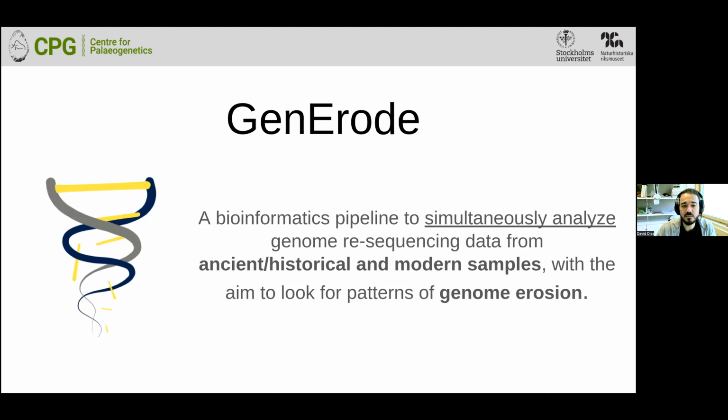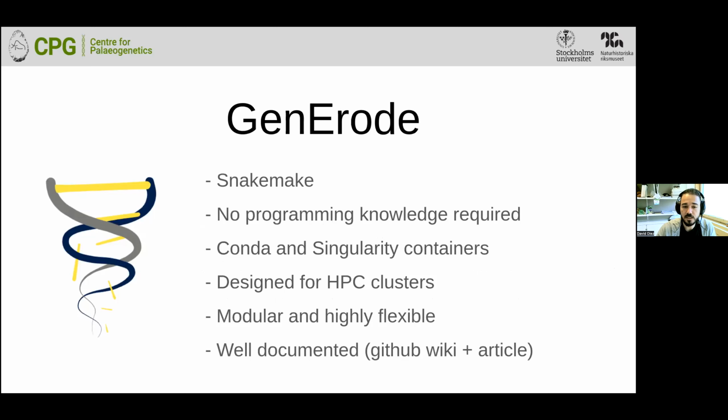The pipeline is developed in Snakemake, and we have worked hard so that no programming knowledge is required to run this pipeline, only certain knowledge of the command line. It does use Conda and Singularity containers, so it's highly portable.